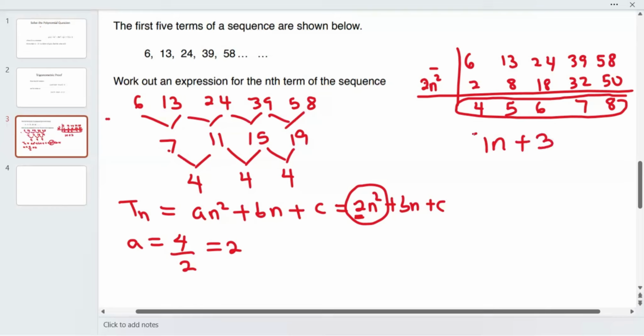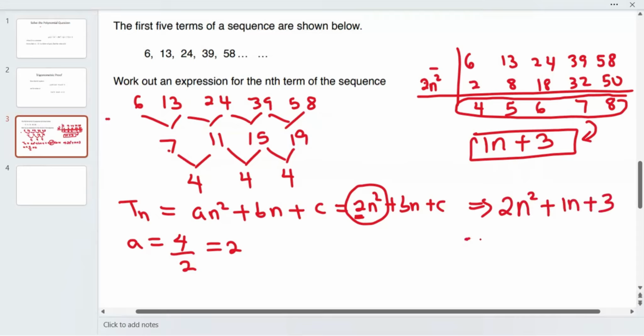So it means that my nth term for this sequence is 1n plus 3, which is the same thing as n plus 3. So I can come back here and see that therefore I'm going to be having 2n squared plus 1n plus 3. And you can just write that as 2n squared plus n plus 3. And this is the nth term of this quadratic sequence.